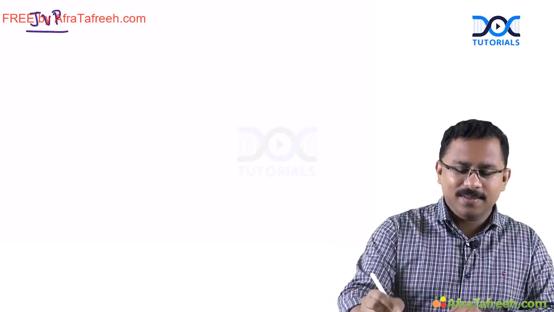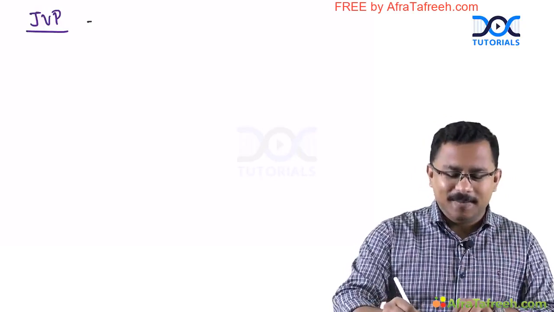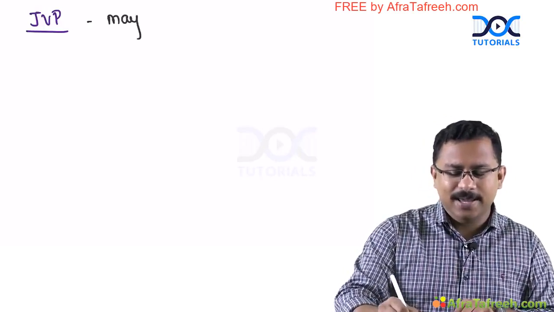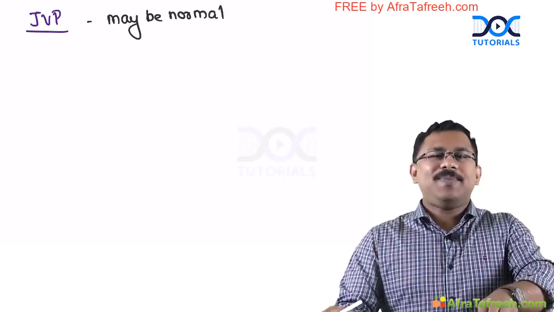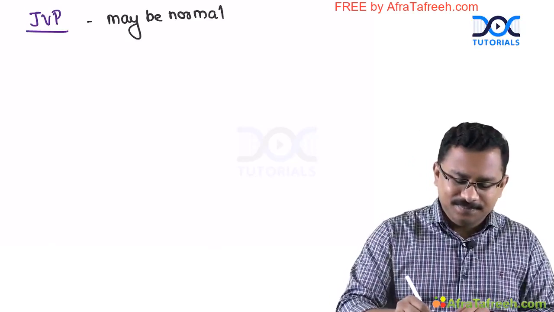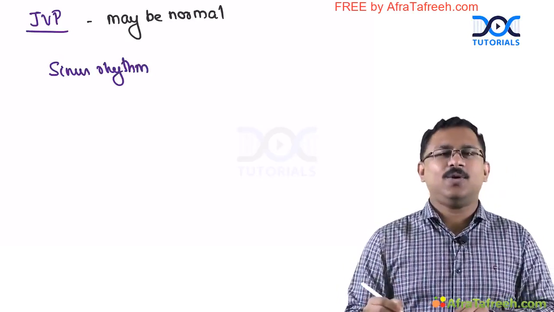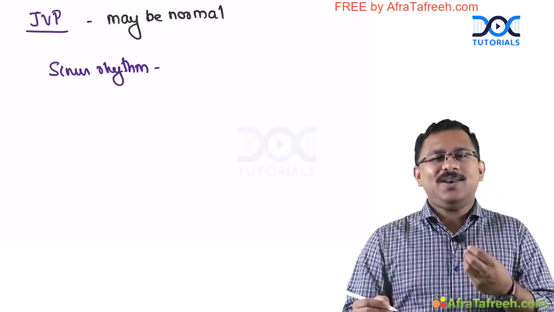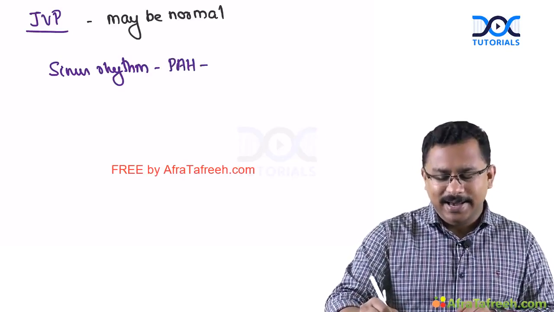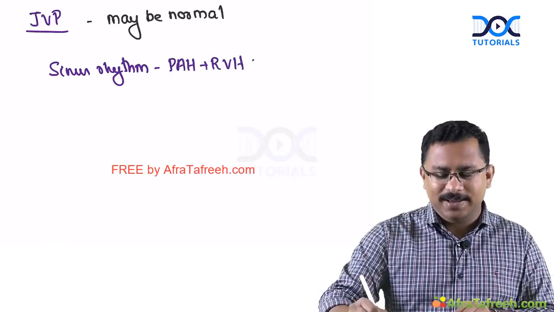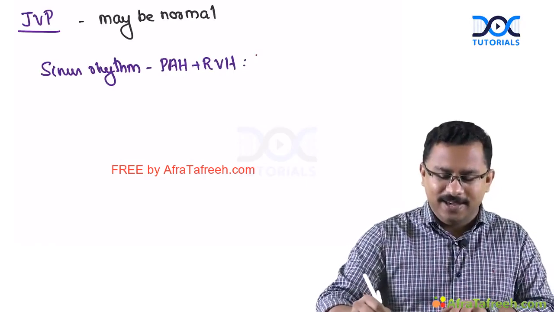JVP. In the majority of cases and in mild MS, this may be normal. But in patients with sinus rhythm in whom you are having pulmonary arterial hypertension and maybe RVH developing, you have a prominent A wave.